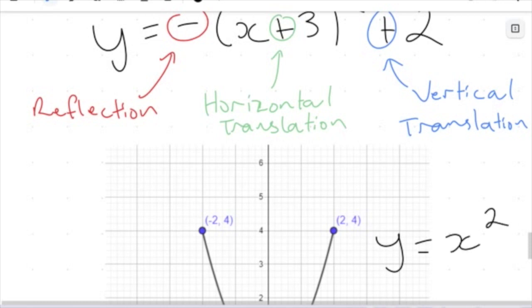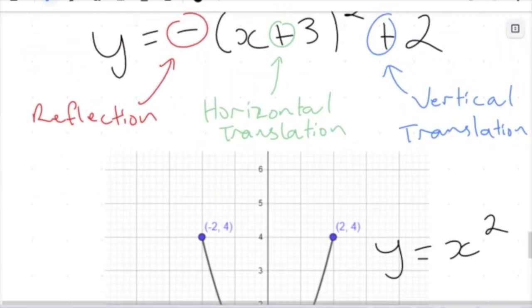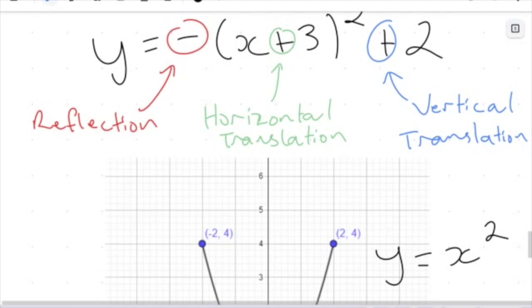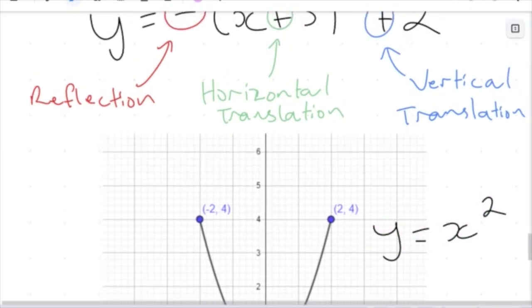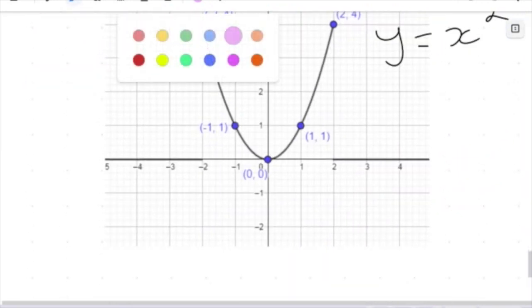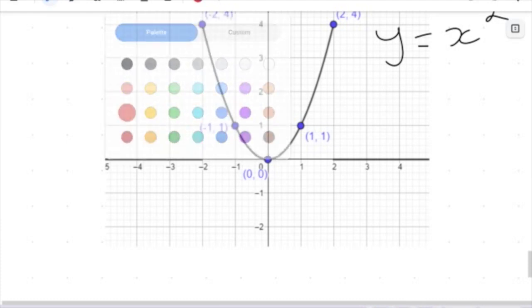Now, this is why I like to start from my y equals x squared, because when there are so many things happening, you kind of want to just track it from the easiest parabola we know, and then span out. So first of all, we have a reflection, which I'm going to draw in red.